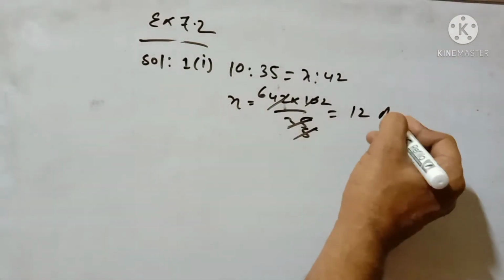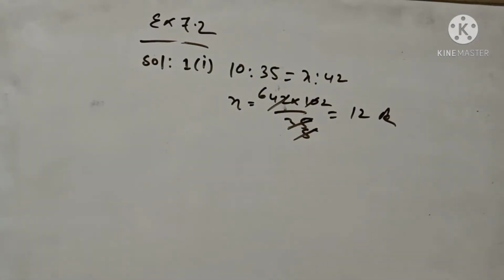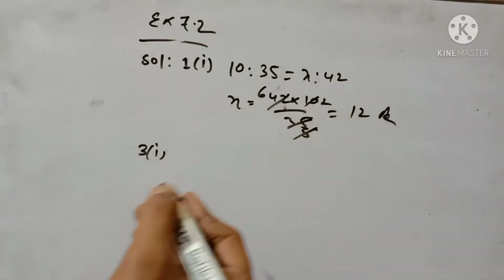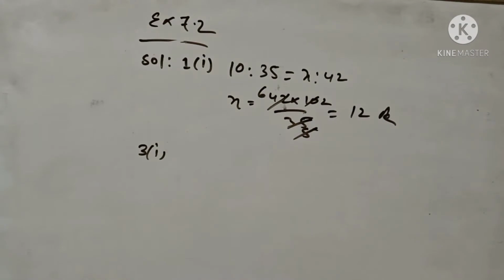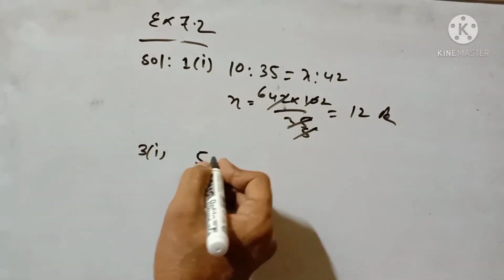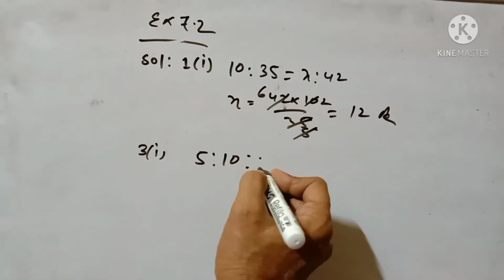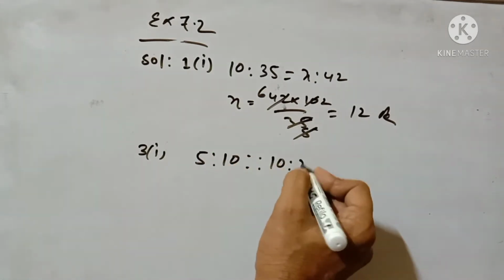Write down please. Third first. Find the third proportional to 5, 10. Third proportional means let the third proportional be x. So our terms will be 5 is to 10 proportion to 10 ratio x.